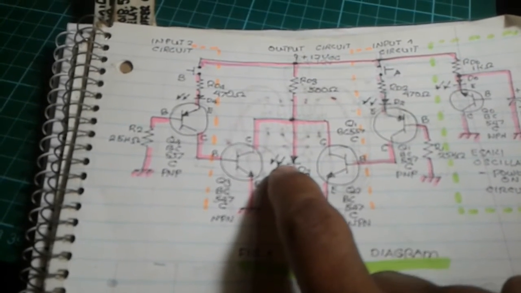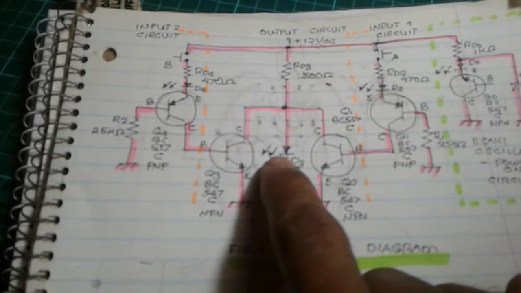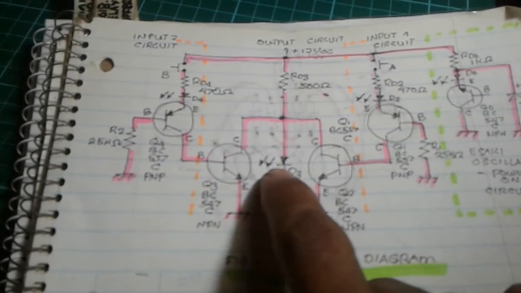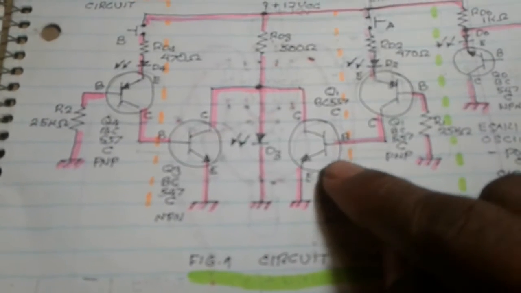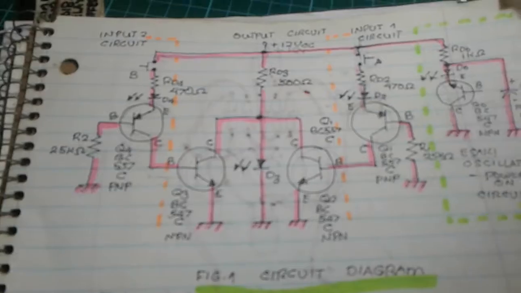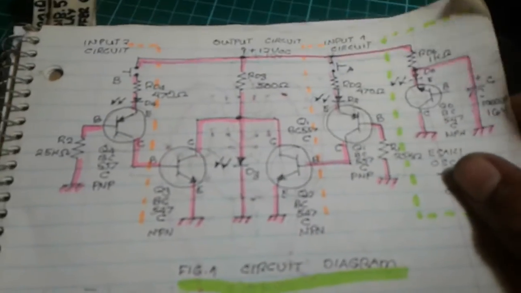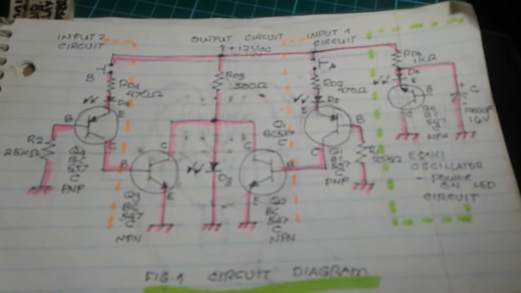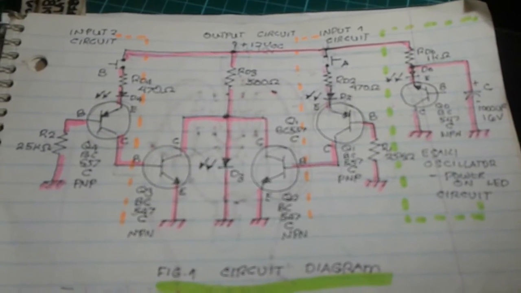It has 2 volts rating, the LED, and in here the transistor has a lesser resistance. So that's the operation of the NOR gate, and this is the circuit diagram.